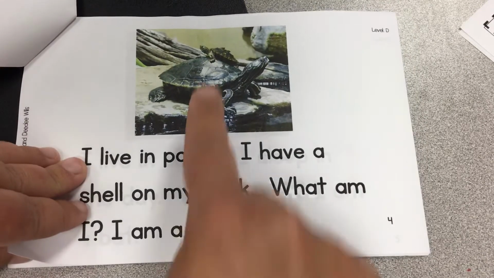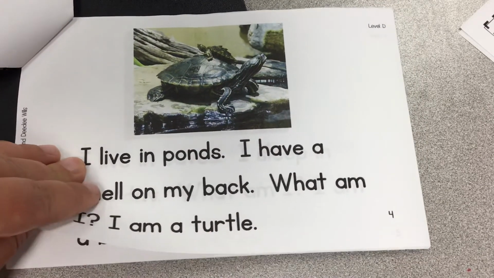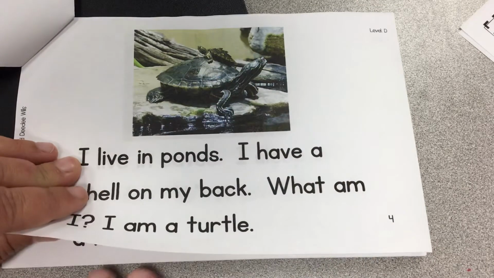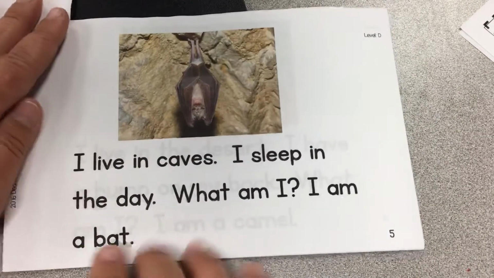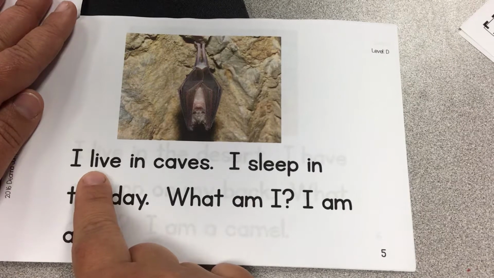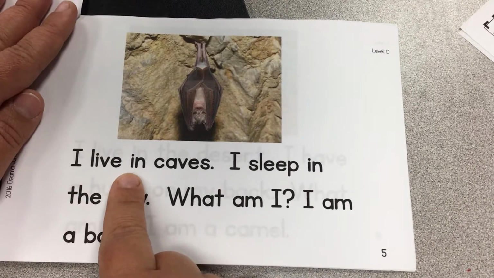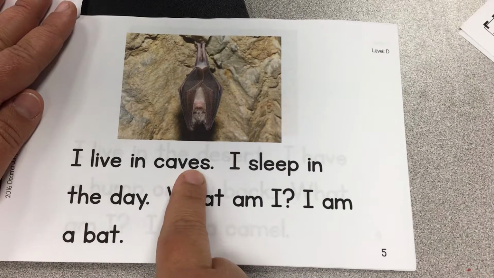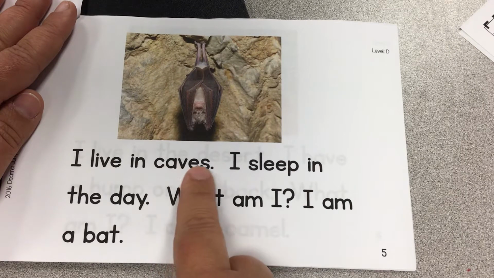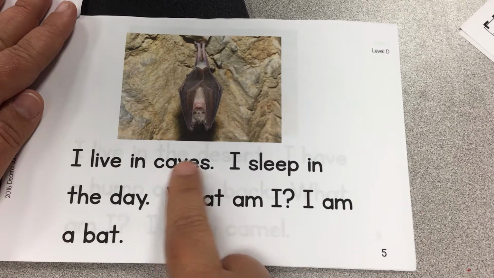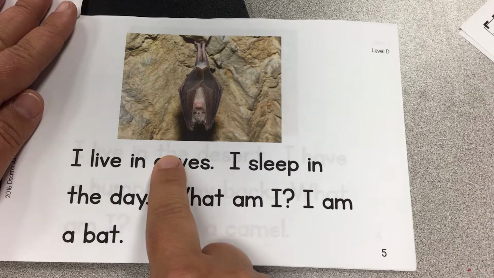Okay, there's my picture to give me that clue. Something in my picture that starts with a T sound. Turtle. I live in caves. Caves. Now remember, the A says its name. Silent E helps it say its name.